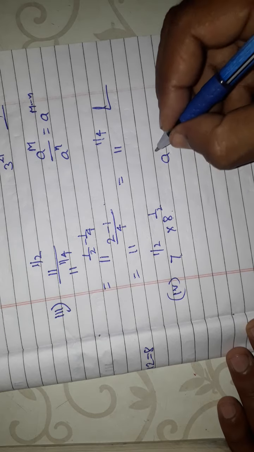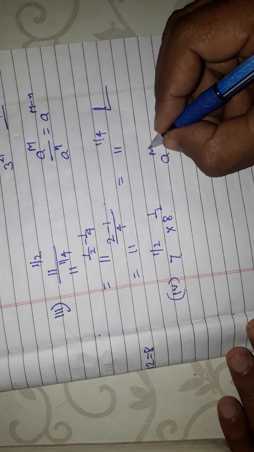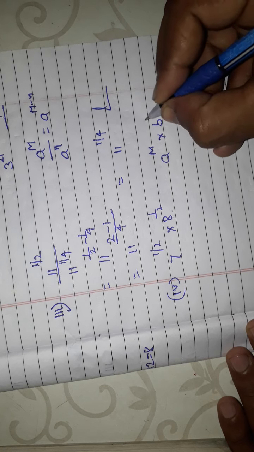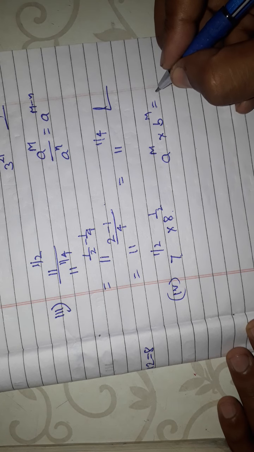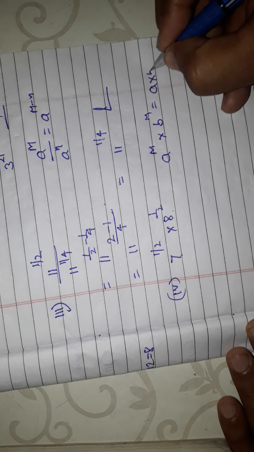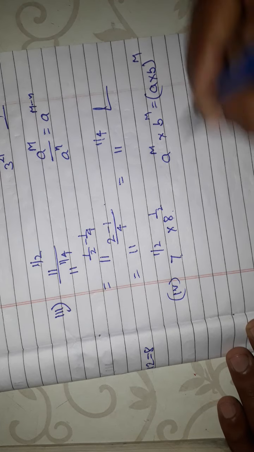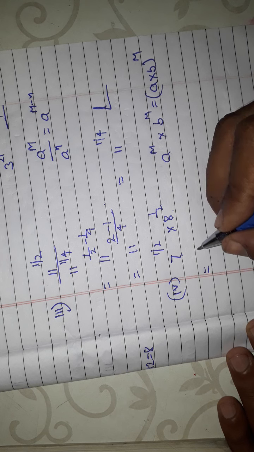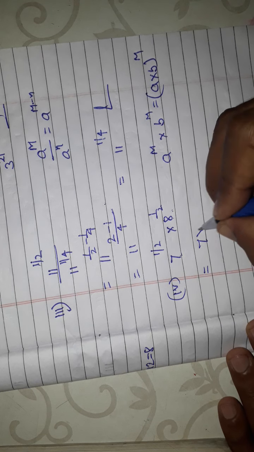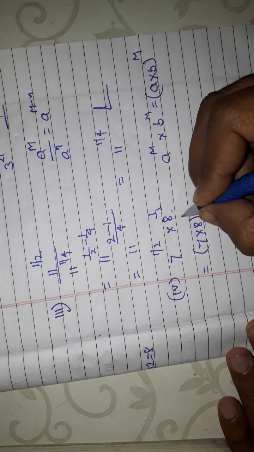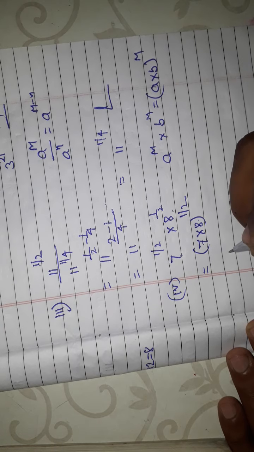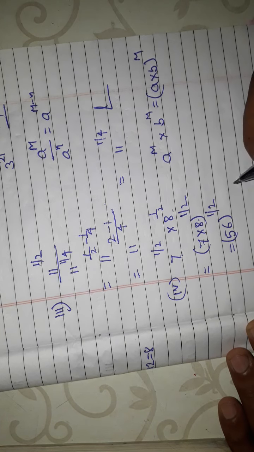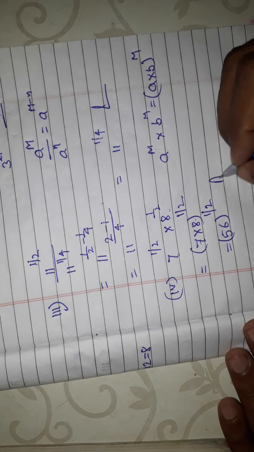As we all know that if the base is different and the power is same, then we can multiply the bases and keep the power as it is. We can do the product of base, that is 7 into 8, and the power as it is, that is 1 upon 2. 7 eights are 56, whole raised to the power 1 upon 2. This is your final answer.